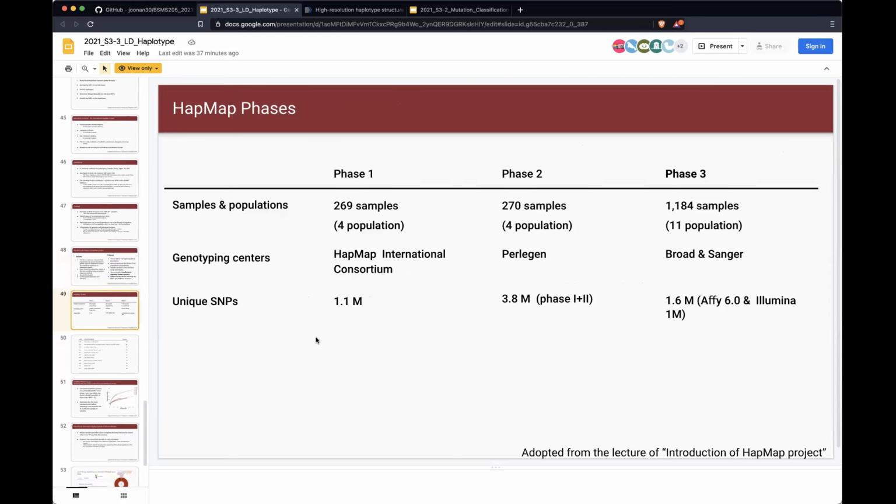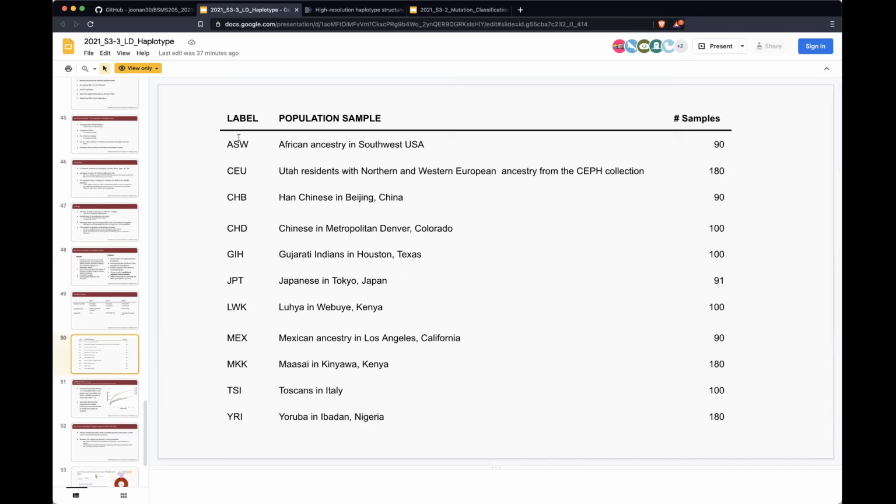Haplotype studies have different phases, and after each phase, they include more populations and better technology to see more SNPs as well. So this is the developmental stage, with more populations included in the study. So not just East Asian, European, or African, they include different African people, different European areas, and South American or Southeast Asian populations.